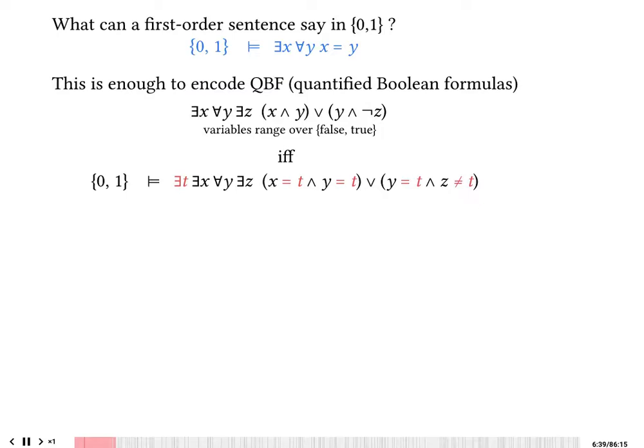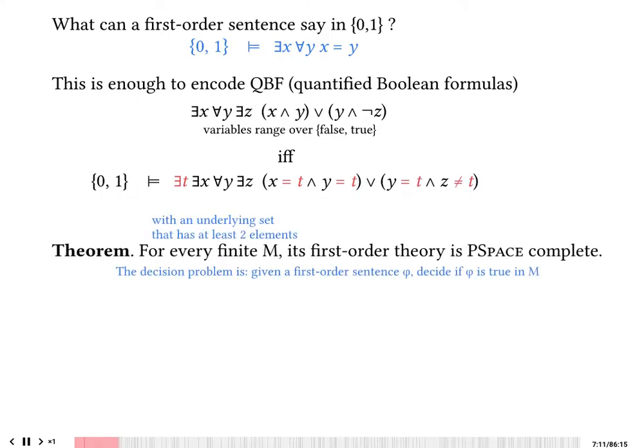The idea is that true will be: you guess an element at the beginning, this red t, and then the true variables are those which are equal to t, and the false variables are those which are not equal to t. So you add one extra variable t, and then in the propositional formula you replace x by x equals t, and not x by x not equal to t.